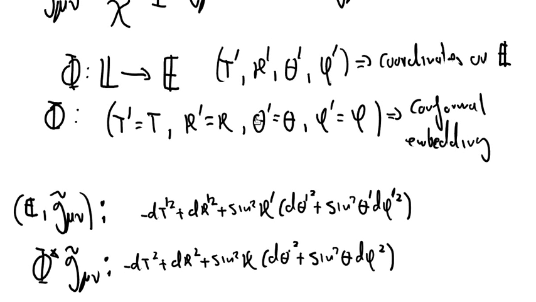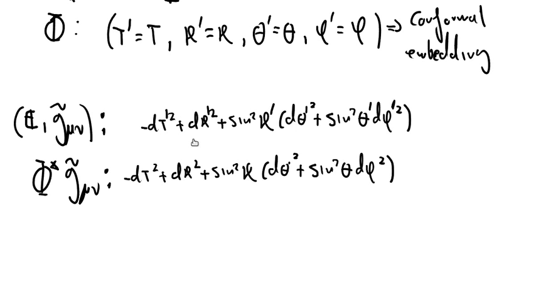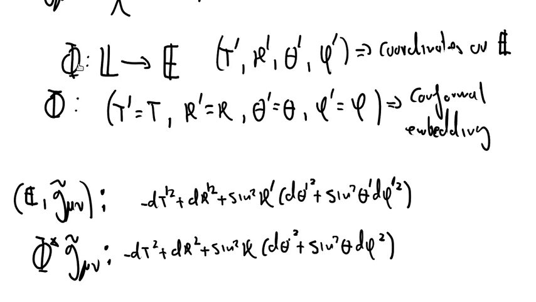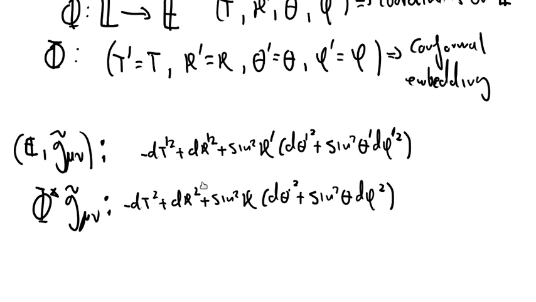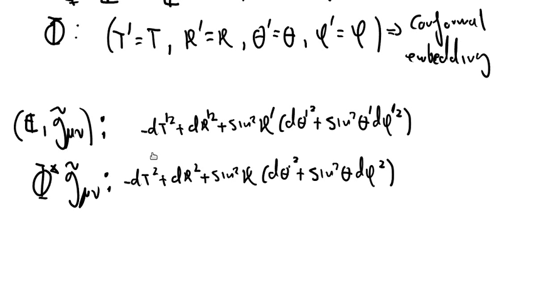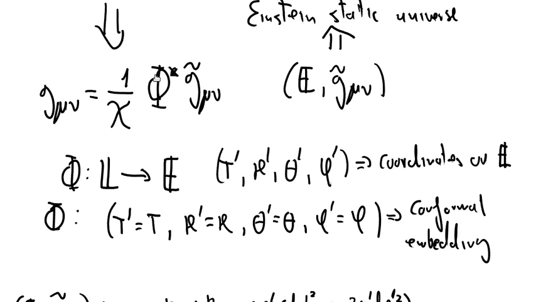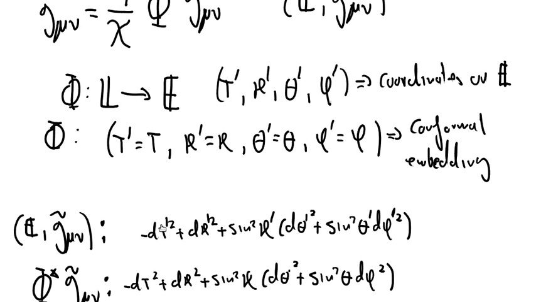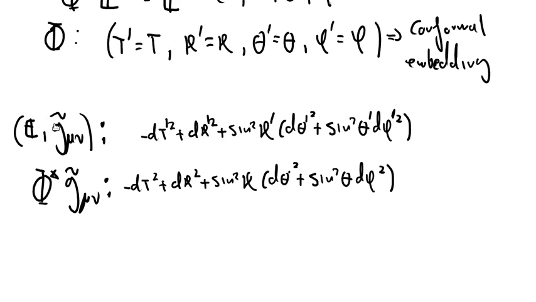Or in other words, this map is truly an embedding. I have just shown that this is a conformal map by proving this relation, but now it also turns out that this map is an embedding. So we have that it's a proper subset of the Einstein static universe.